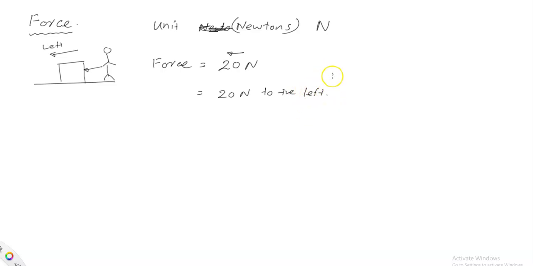So when it comes to force, you have the magnitude and you have the direction. If a quantity has both magnitude and direction, you know that we call it a vector. So force is an example of a vector. It is a vector quantity.